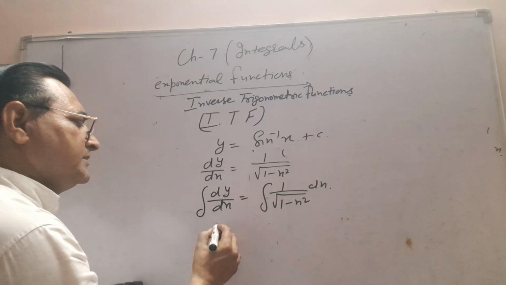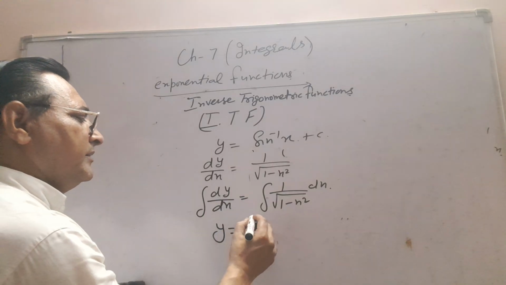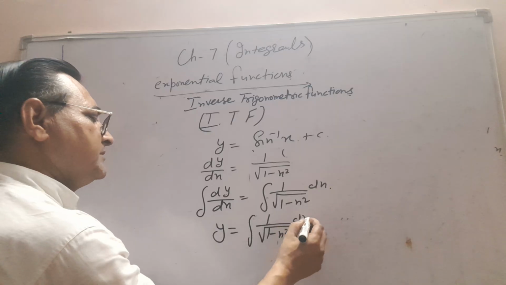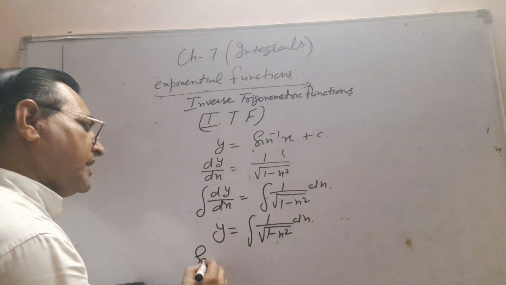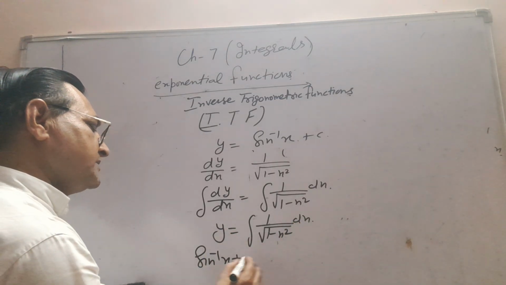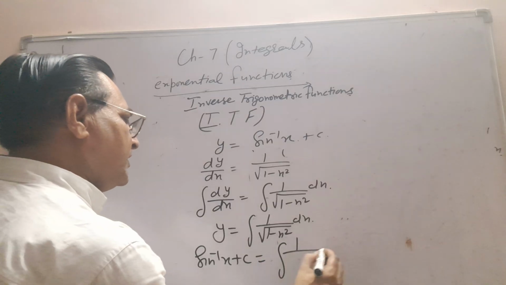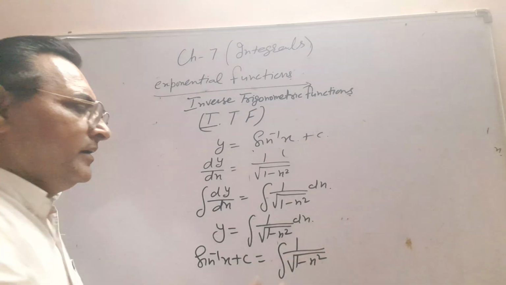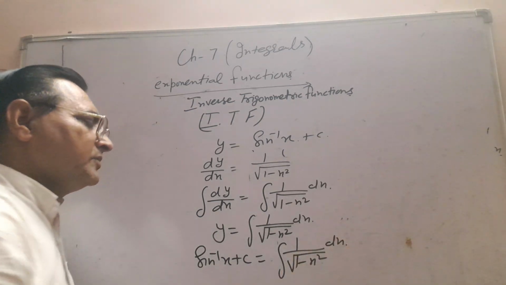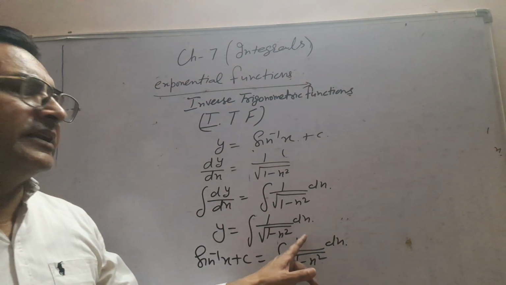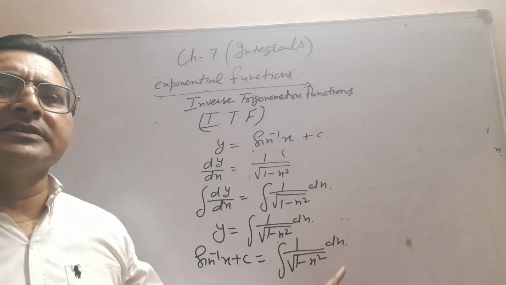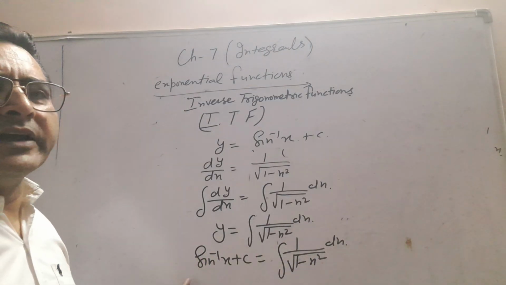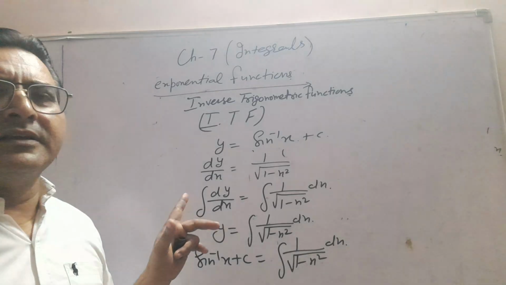So what is y? Sine inverse x plus c is equal to the integral of 1 by root 1 minus x square into dx. The integral of 1 upon root 1 minus x square, its integration will be sine inverse x.